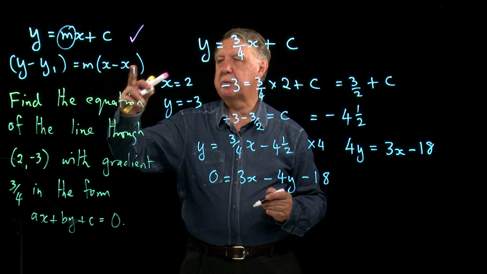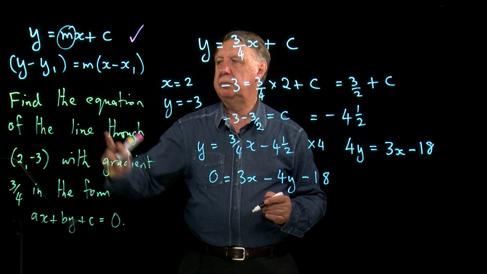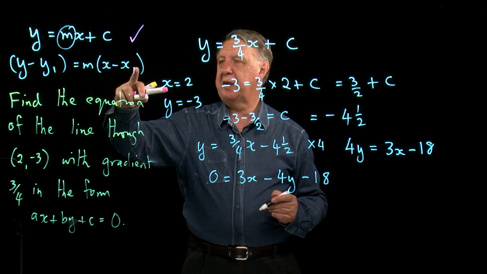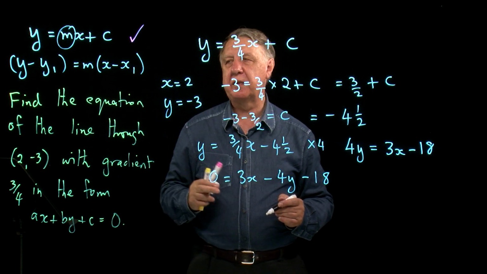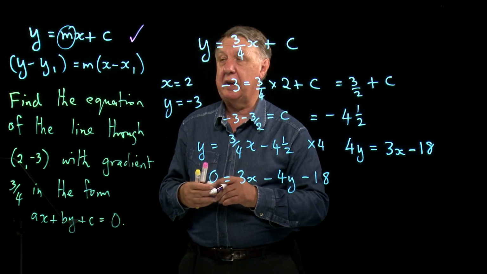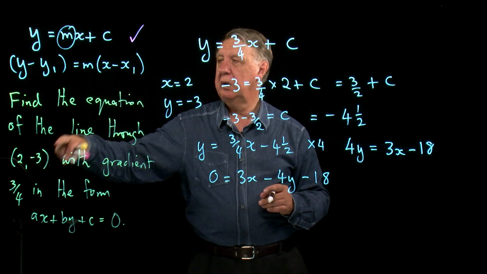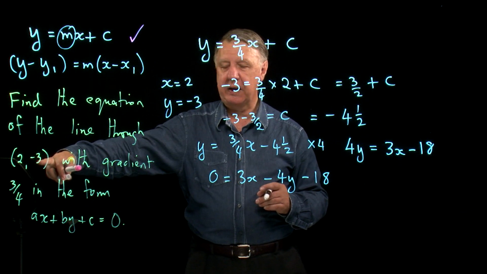Now let's look at this one. Here m is still the gradient. This suffix notation, remember before what the suffix notation means, it saves us using lots of extra letters. We've got an x1 which will be 2 and a y1 which will be negative 3.